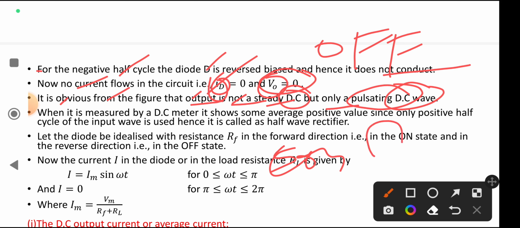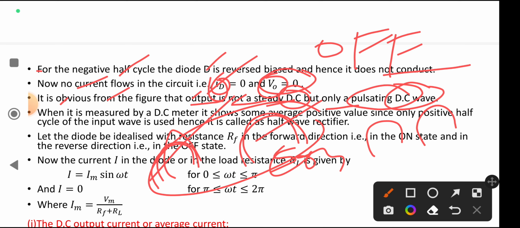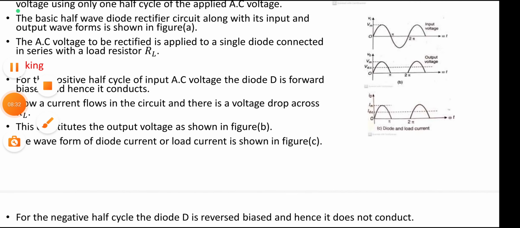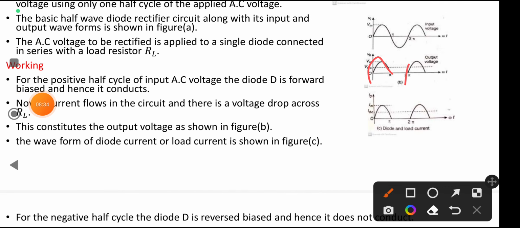So that means it is pulsating. You have just now seen this diagram. It contains only unidirectional, not only AC, it contains a certain amount of DC also. So that is a pulsating DC. That means it has pulses. See once again the diagrams. The output is a waveform like a pulse type.